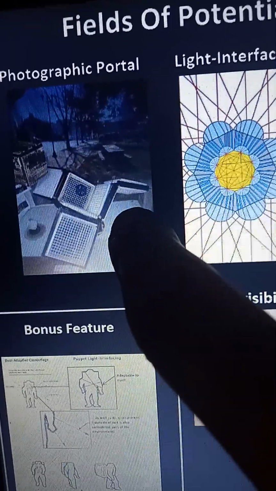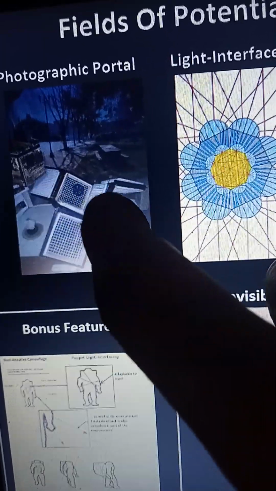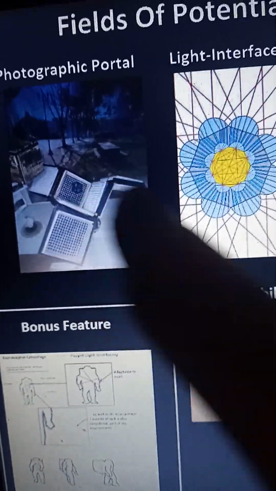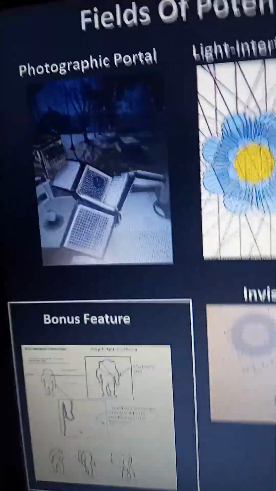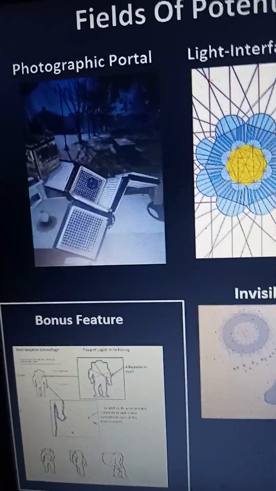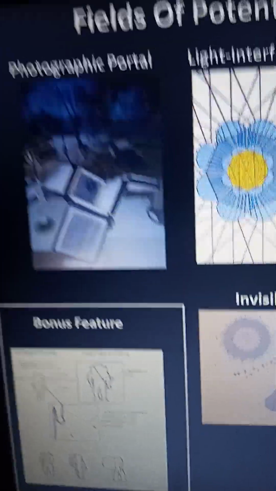A real-life portal would have an outside cloak, an interior backdrop holodeck, and an interior hologram, a photographic hologram in this case. And I've yet to build a working one, but I'm trying to right now.